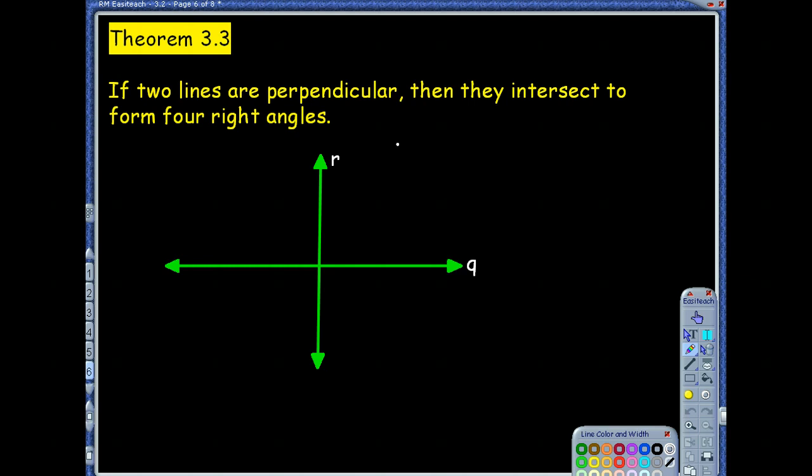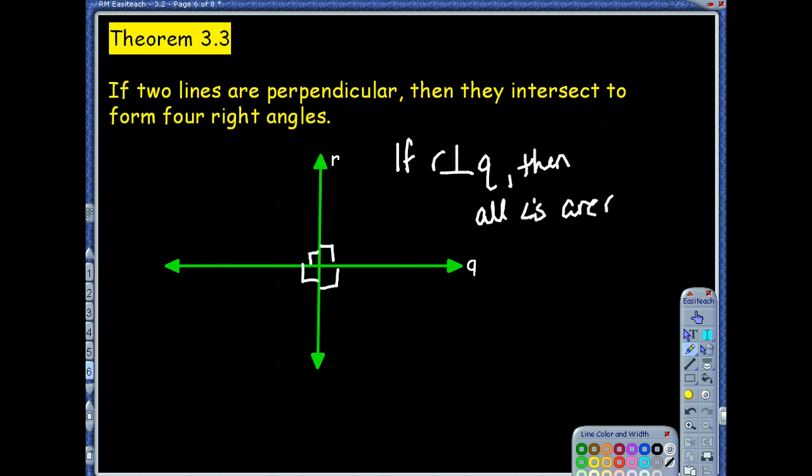So if we know that R, it's kind of a little tilted, R is perpendicular to Q, then I know that all four of these are right angles. It's not just one. So all the angles are right angles. You got it.